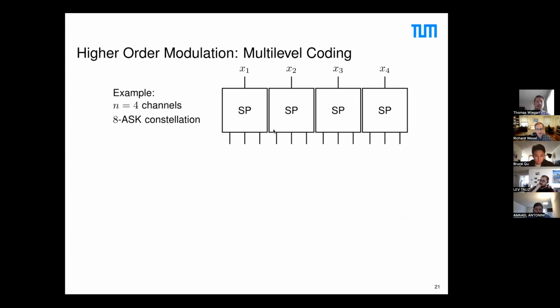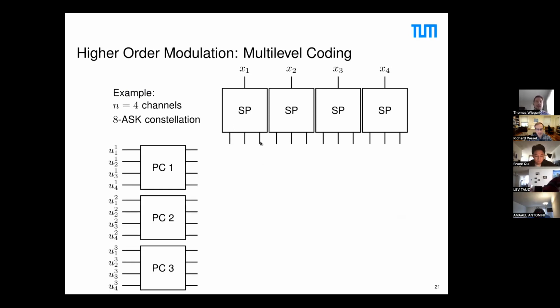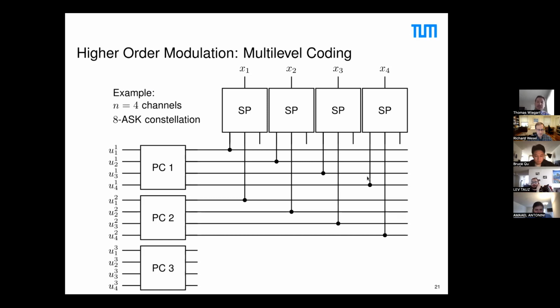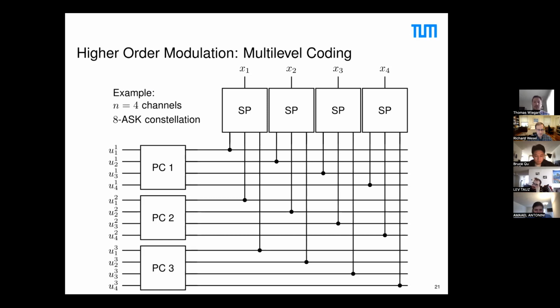And the way it works here with polar codes, now that we have 3 bits per symbol, we take 3 polar codes. The first bit of each symbol comes from the first polar code, the second bit of each symbol comes from the second polar code, and the third bit of each symbol comes from the third polar code.